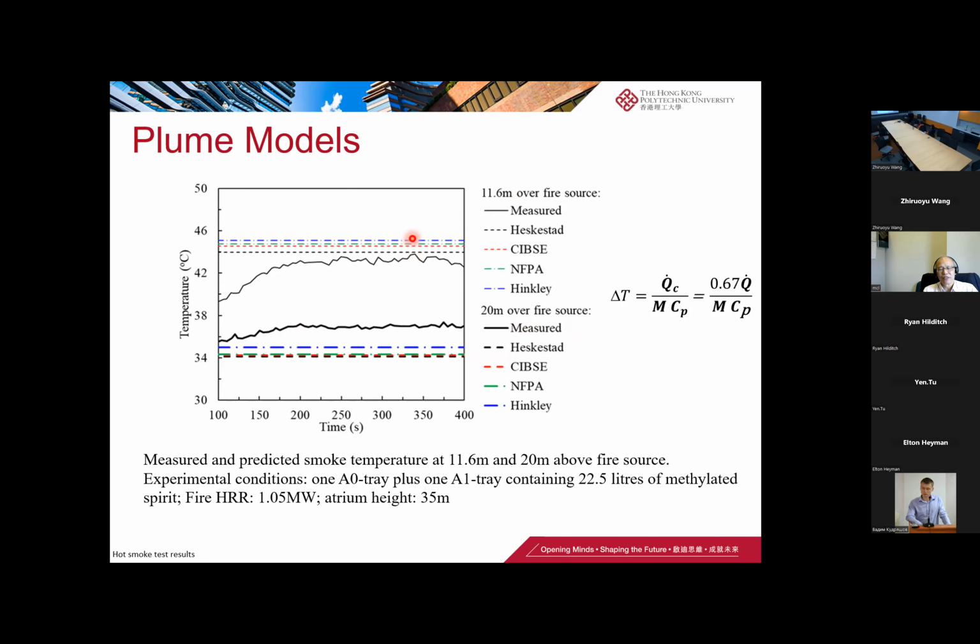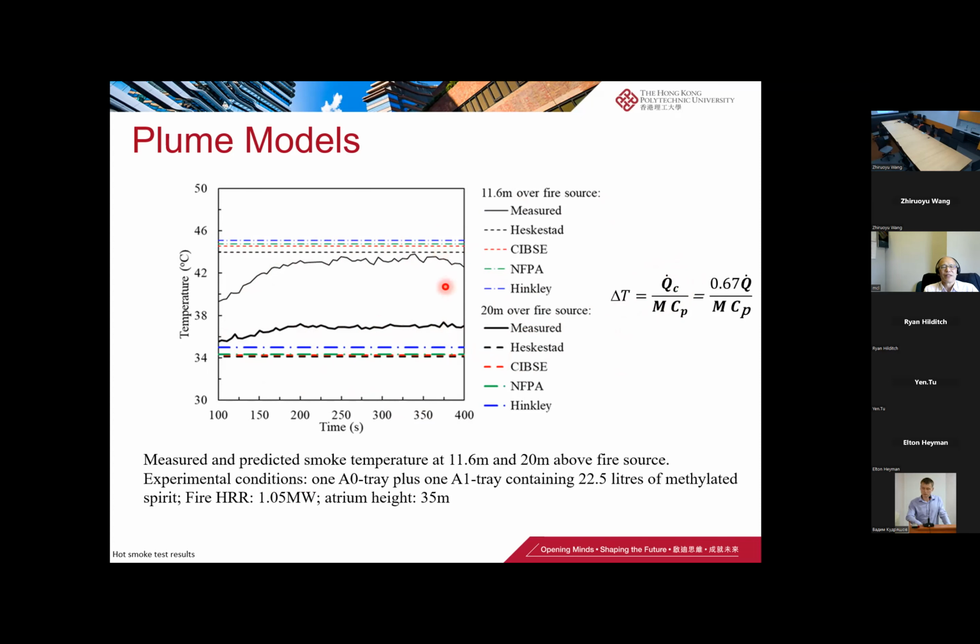This is the measured temperature, and the smoke temperature can actually be calculated from the heat balance with the plume models, because Qc we can calculate from the plume models. Then we plot all these results together and compare with the experiments. We can see this straight line is from the model, and this curve is from the experiments.